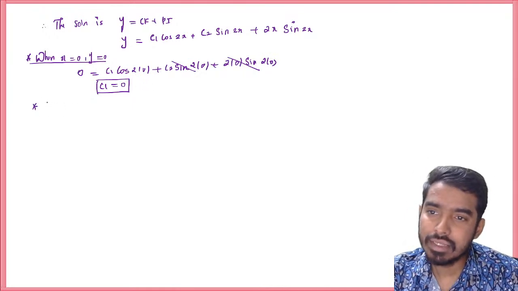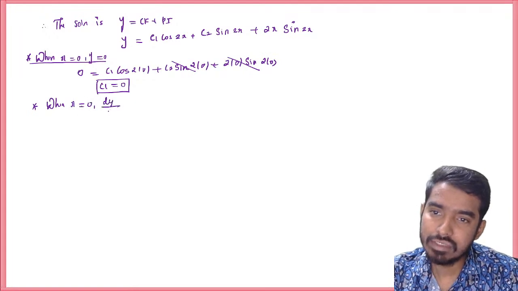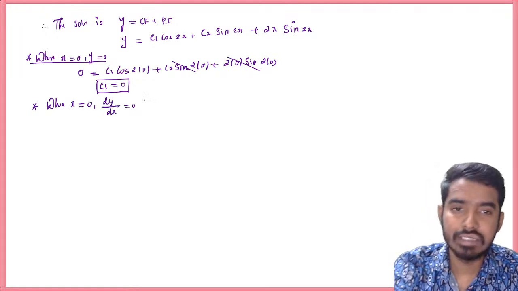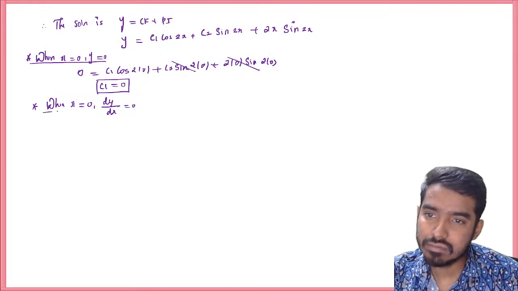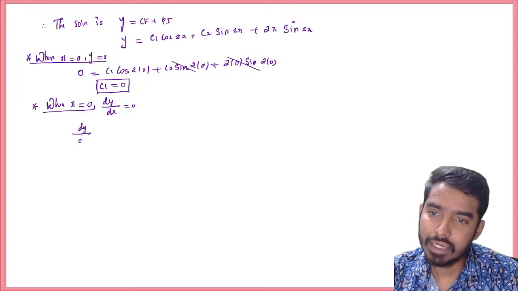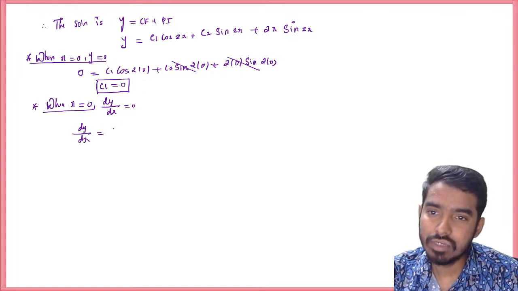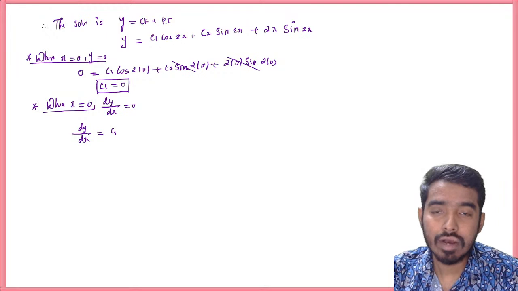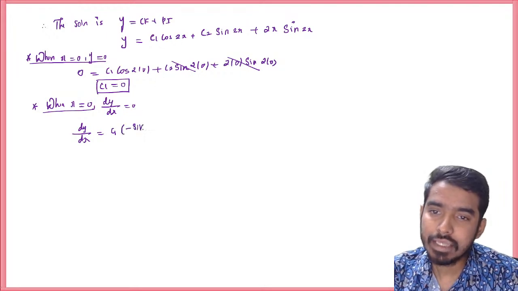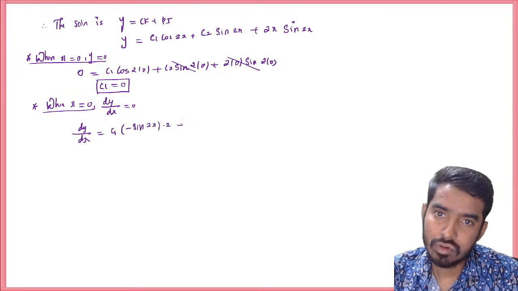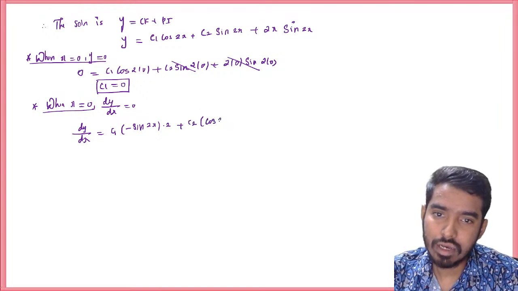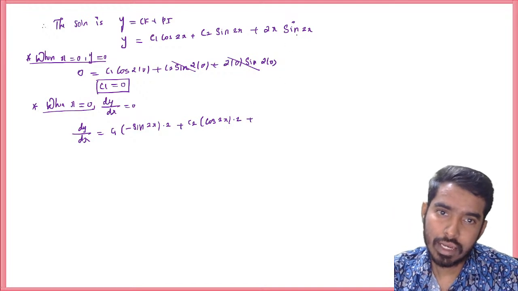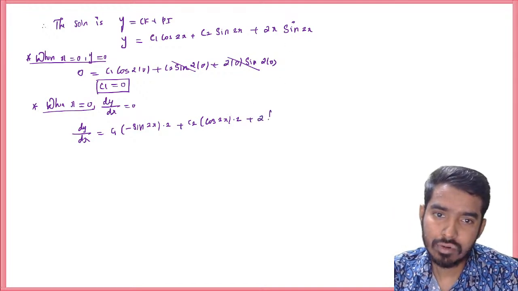Okay, now we will find c2. Further it is given that when x is 0, dy by dx is 0, right? So first we will find dy by dx. Differentiate this: c1 times the derivative of cos 2x, which is minus sine 2x into 2, plus c2 times the derivative of sine 2x, which is cos 2x into 2, and differentiate this term: 2 into product rule.